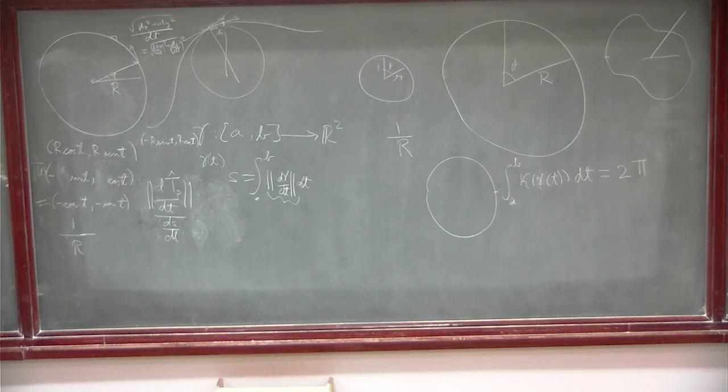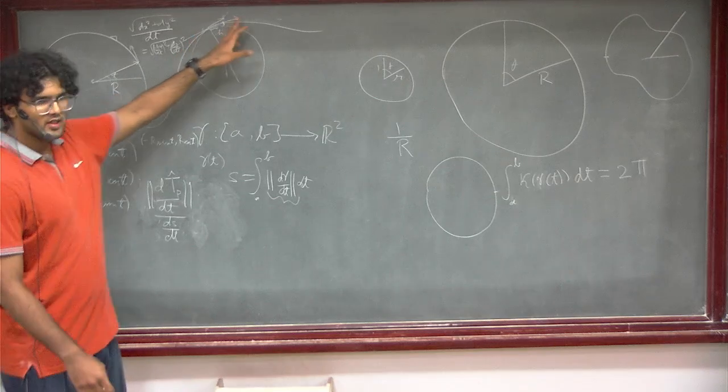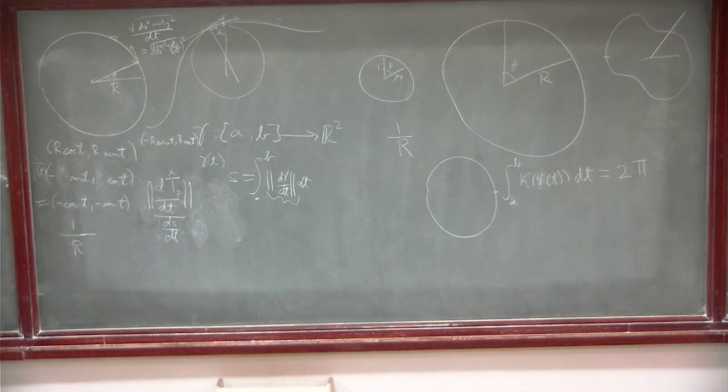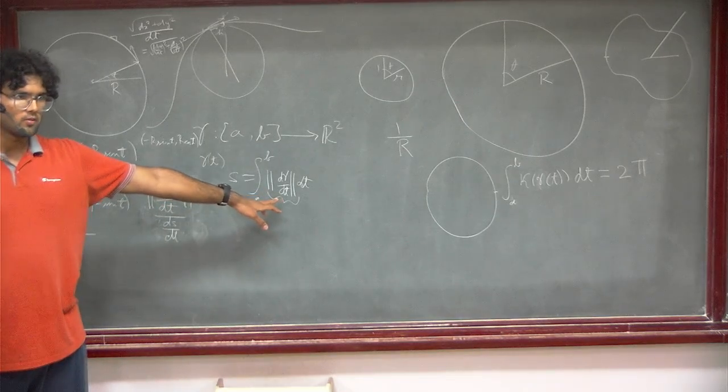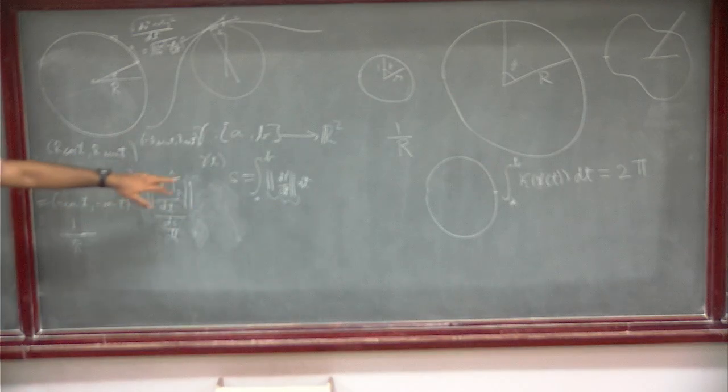So if you want to compute the curvature of any curve, the tangential component of its acceleration you can compute. You just take the second derivative of gamma, and then you know the derivative of gamma.